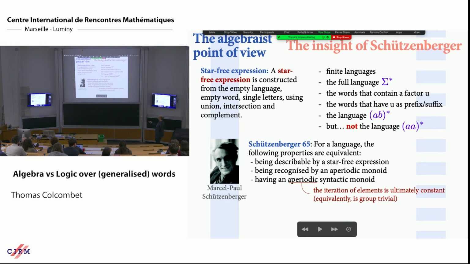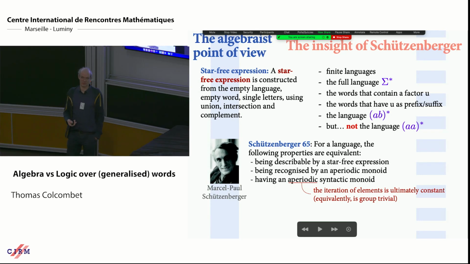And that's exactly what this result of Schützenberger is saying. If you have a language, either you can express it as a star-free expression, or all monoids that recognize it contain a group. And in particular, the minimal one, which gives a decision procedure, because this one you can compute and check.